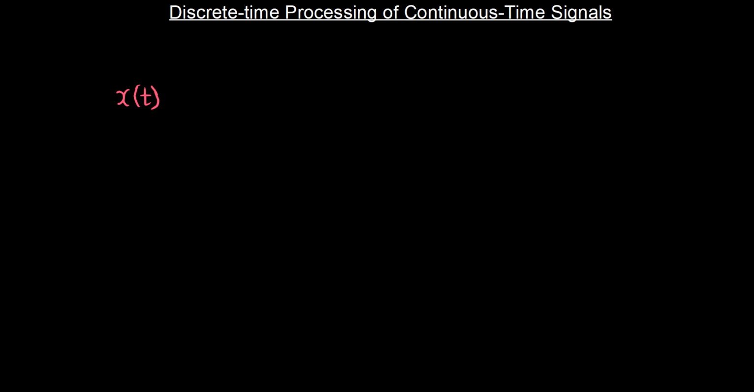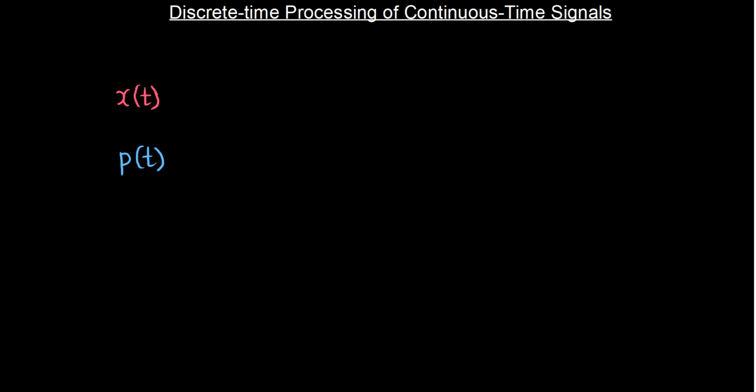So what we have seen so far is we have taken the continuous time signal x of t, and in order to extract the samples out of this signal, we have multiplied this x of t with p of t, that means the train of impulses.